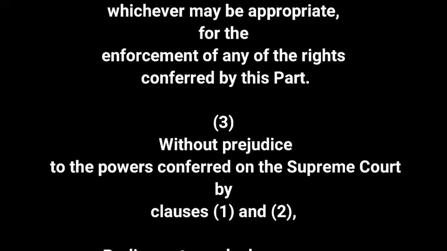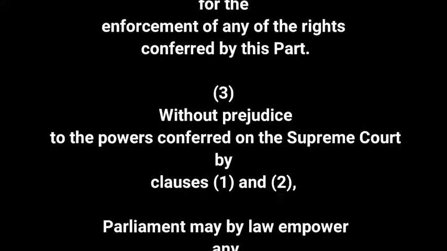The Supreme Court shall have power to issue directions or orders or writs, including writs in the nature of habeas corpus, mandamus, prohibition, quo warranto and certiorari, whichever may be appropriate, for the enforcement of any of the rights conferred by this Part.